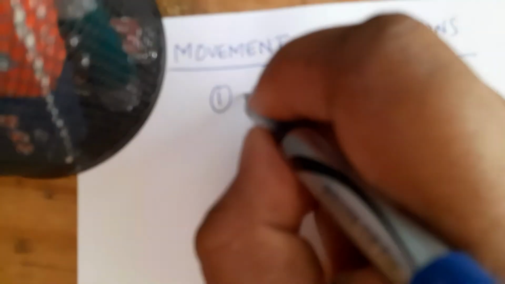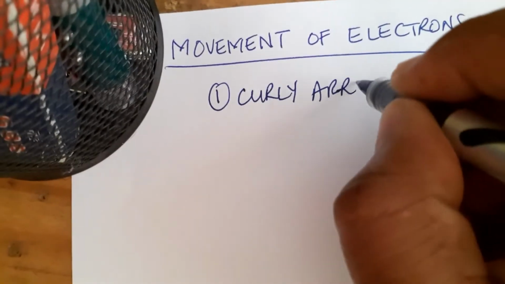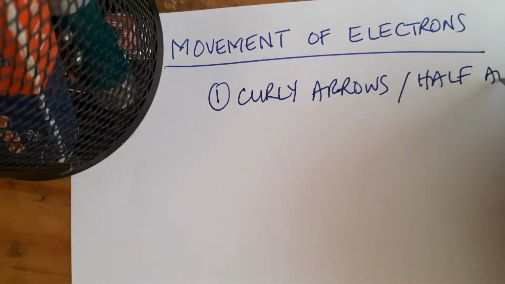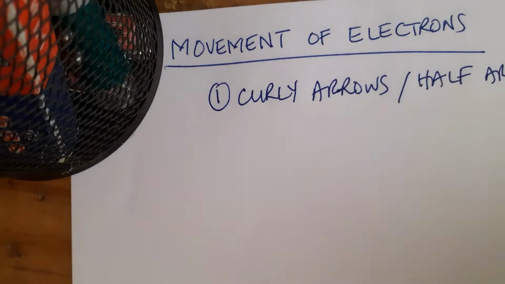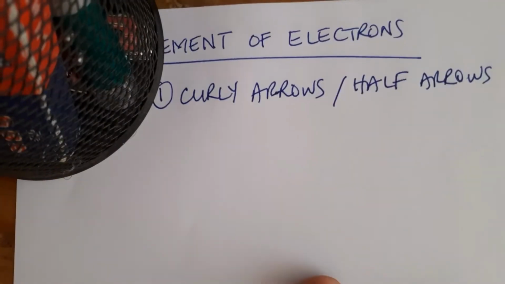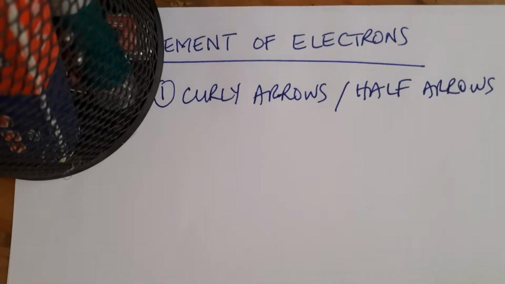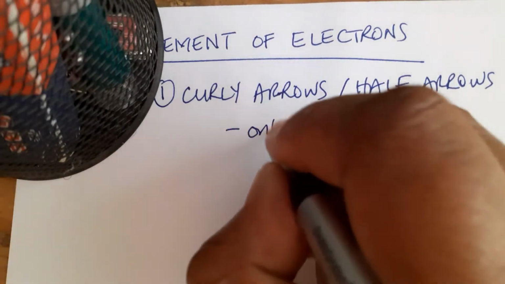We use what we call curly arrows, or some people call them half arrows. Your teacher may give them another name. But let me move this over so you can see the whole thing. Your curly arrows or your half arrows will show the movement of only one electron.